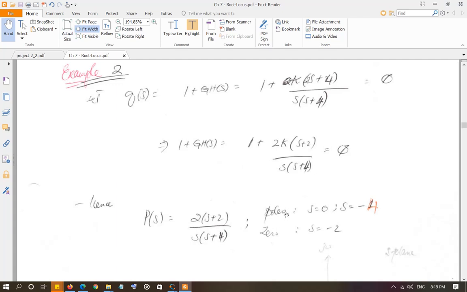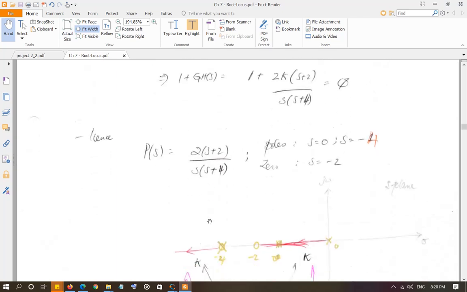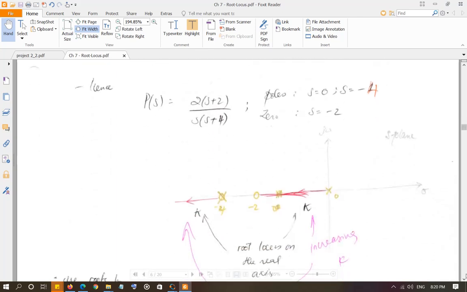So you have poles at S equal to 0 and S equal to negative 4, and you have a zero at S equal to negative 2. So if I go ahead and put those on the S plane, this is my pole, S equal to 0. This is my zero, S equal to negative 2. And this is my other pole, S equal to negative 4.